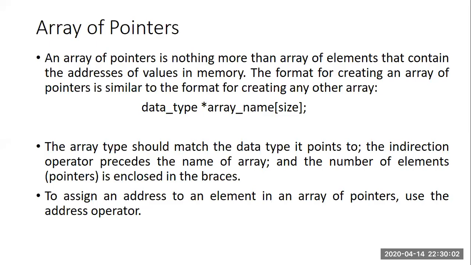So far, we learnt about various types of arrays, like an integer array, float array, character array. What does it mean? An integer array means it is an array of type integer, it consists only of integer type elements.